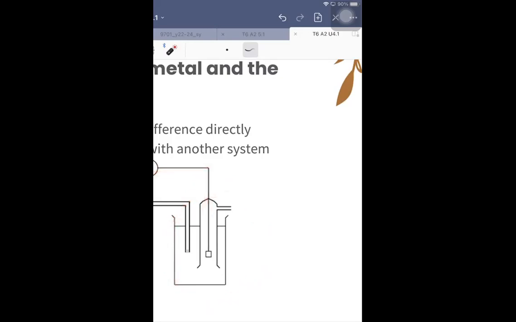So if we want to know the voltage or the potential difference of this zinc 2 plus zinc half cell, we need to connect it to a standard hydrogen electrode. The reference or the standard that we're going to use is called the standard hydrogen electrode.